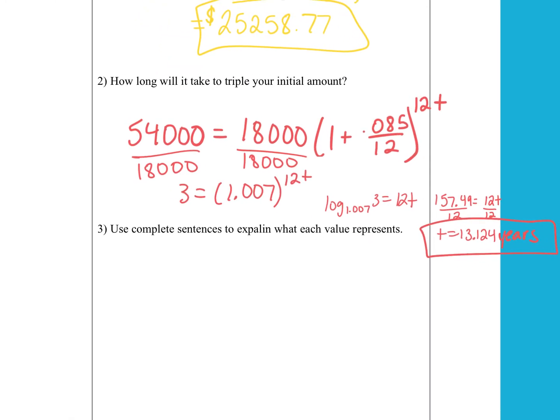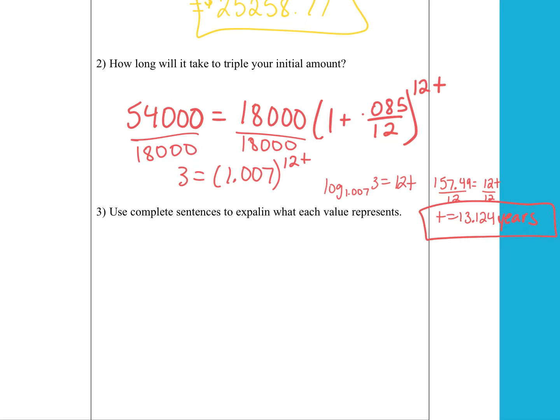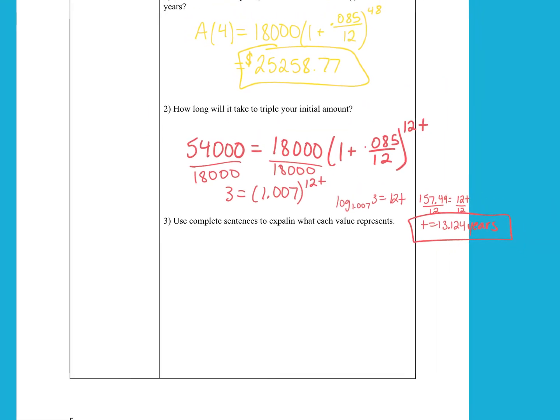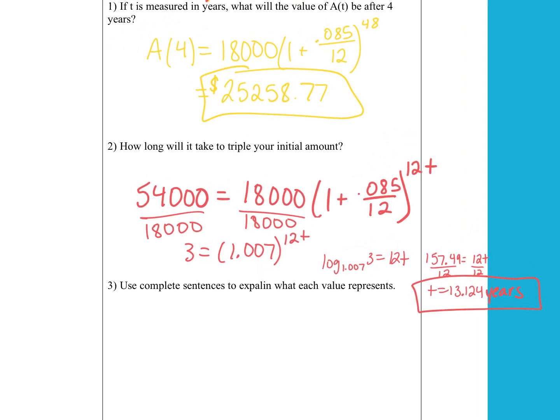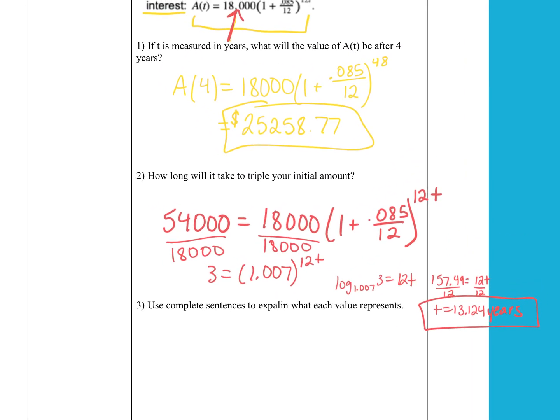Okay, so then last but not least, use complete sentences to explain what each value represents. Again, just like the test question. Literally all you have to do is explain number 1 and 2. So number 1, that's my amount after 4 years, right?